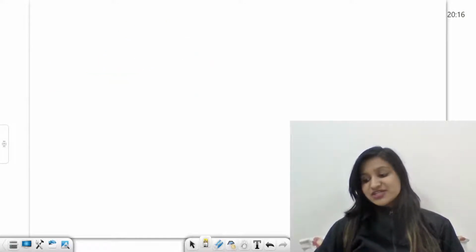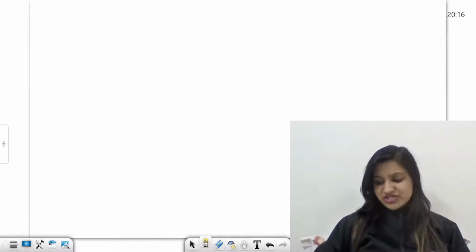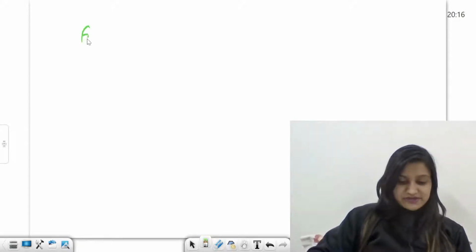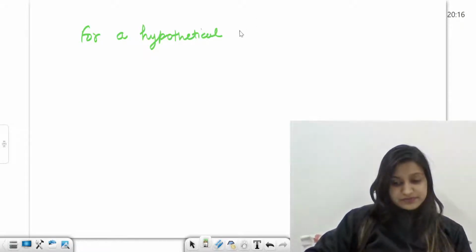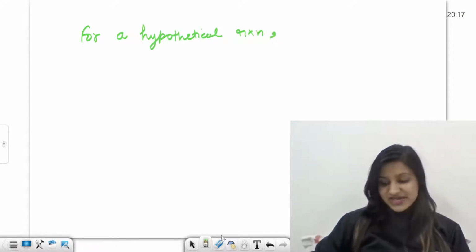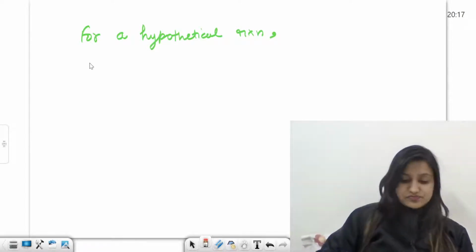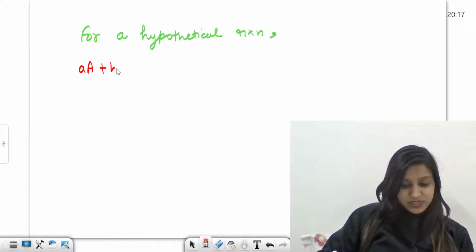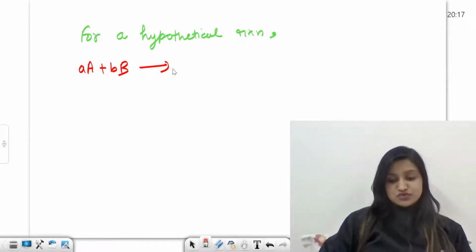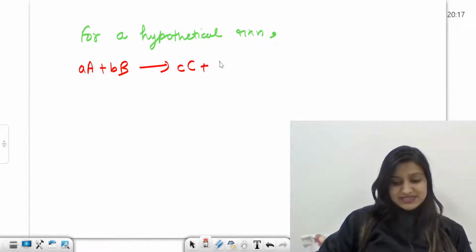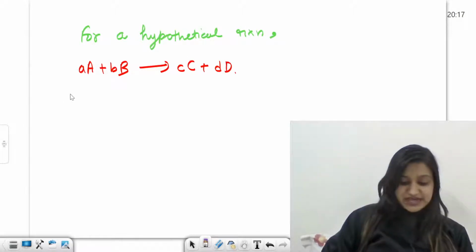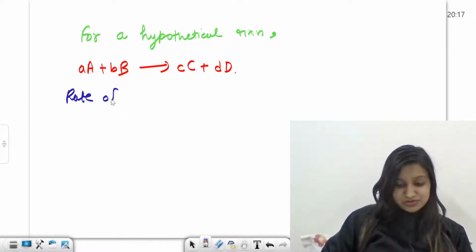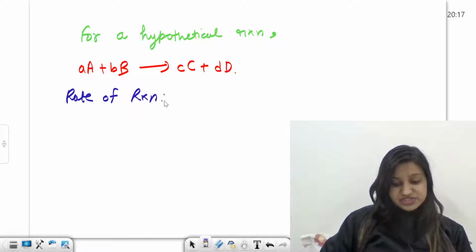Then I told you that for a hypothetical general reaction, small a A plus small b B gives you small c C plus small d D, for example, how do you write the rate of reaction?